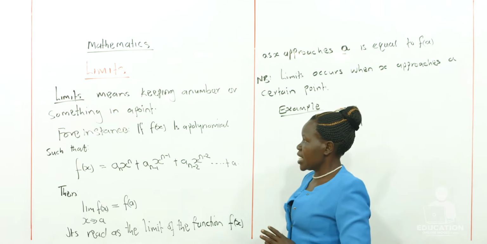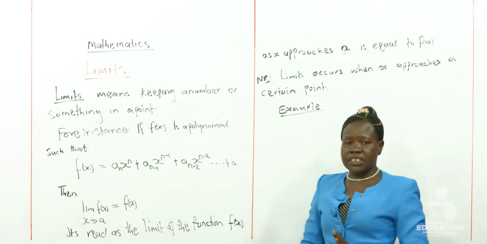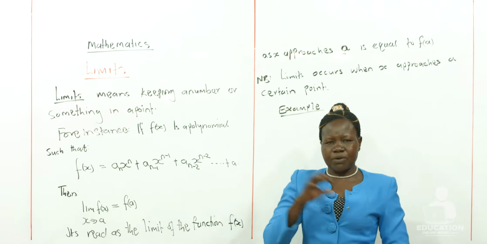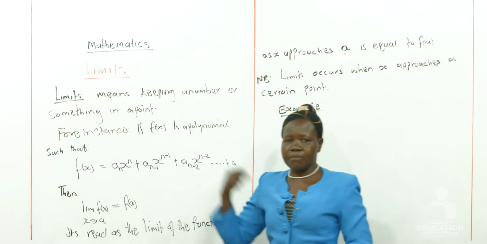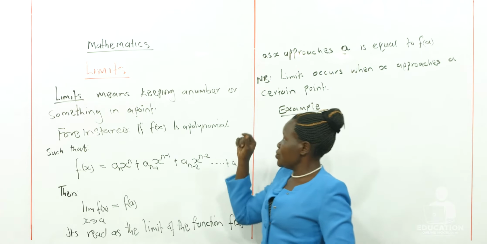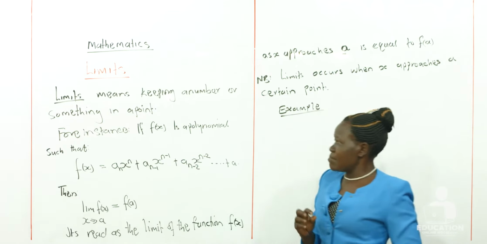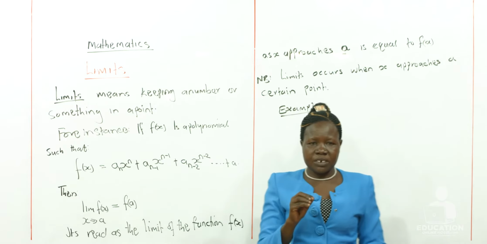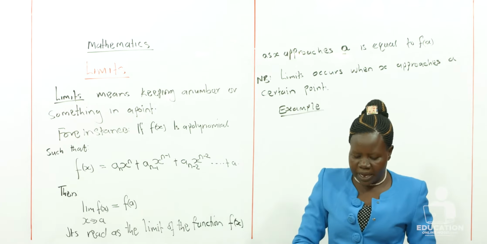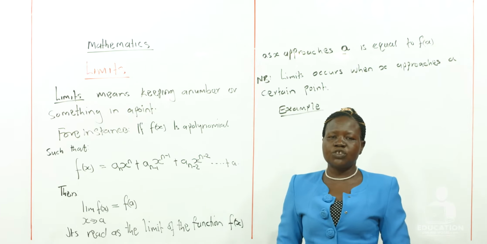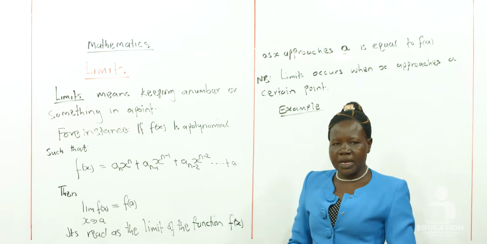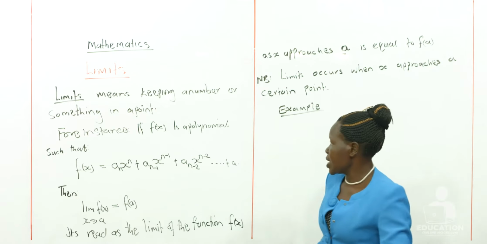So mathematically, limits simply mean that problem. We transfer it as limits in maths, meaning you are keeping a number or something in a point. That means you don't have a chance to move ahead.